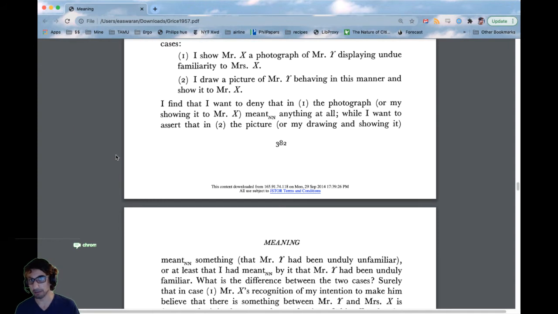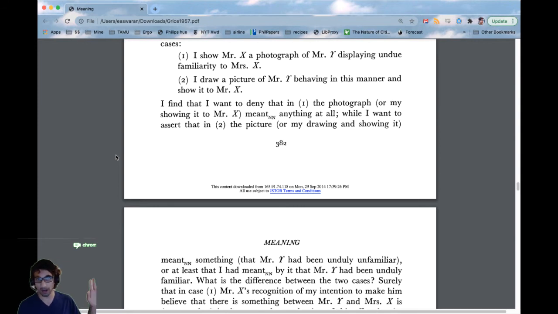And note here it's probably important that he's dealing with this distinction between types of meaning that he talks about at the beginning. The photograph probably means what it depicts in the natural sense, just like smoke means fire or spots mean measles, because in that case the photograph couldn't happen if it hadn't been true, and a photograph could mean that even if no one had meant anything by using the photograph.